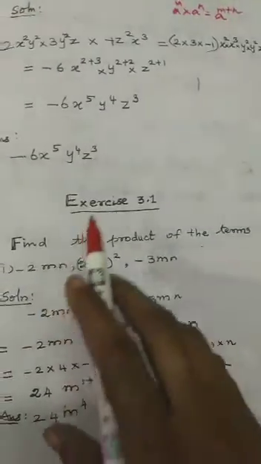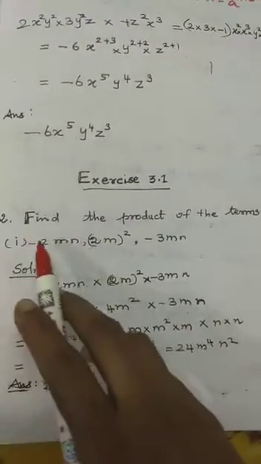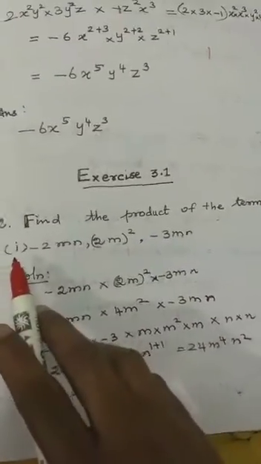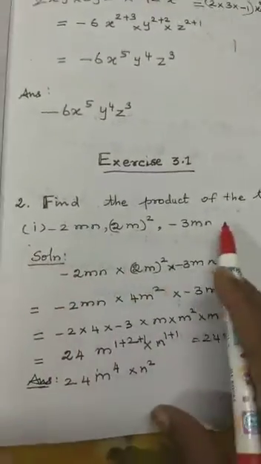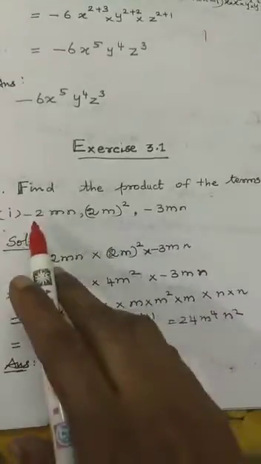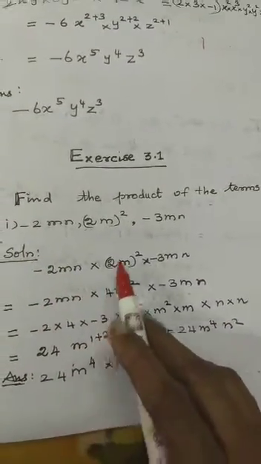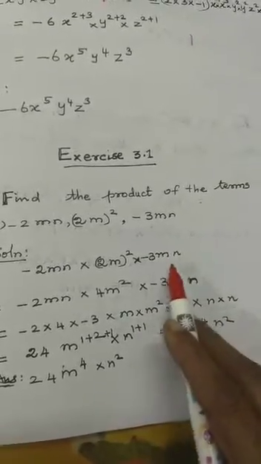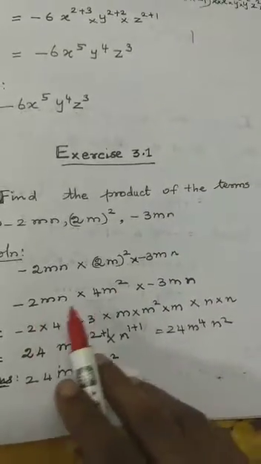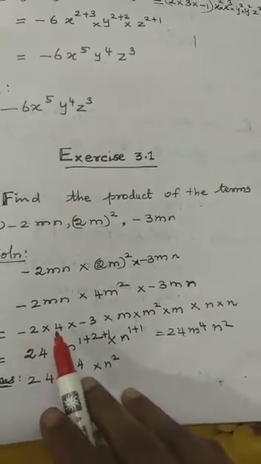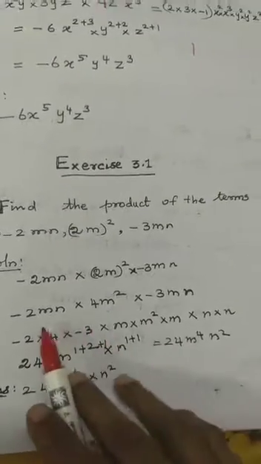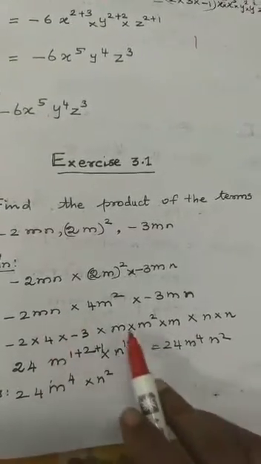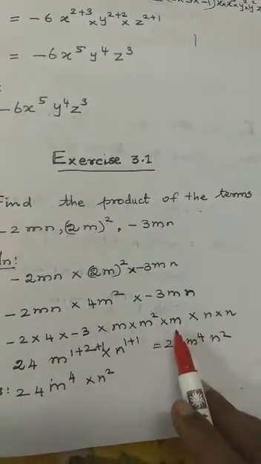Okay. Next, exercise 3.1, second question. Find the product of the terms. First one, you have to find the product of the given terms. That is minus 2mn into 2m square into minus 3mn. Now you take the constants outside: minus 2 into 4 into minus 3. Then take the like terms together. So m square, here also m.